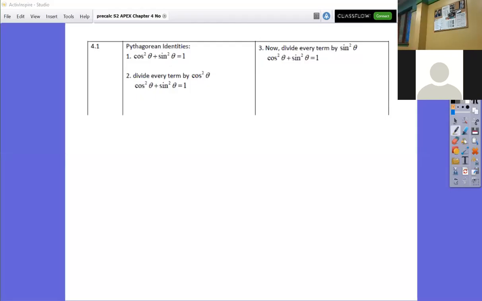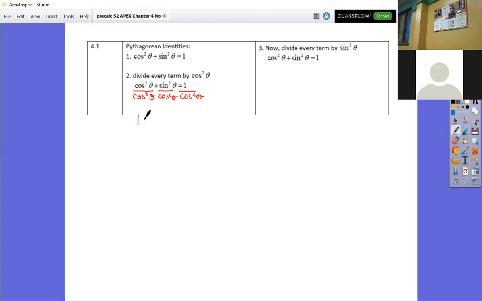All right, so our Pythagorean identity: cosine squared theta plus sine squared theta equals 1. Let's take that and divide every term by cosine squared theta. What is cosine squared theta divided by cosine squared theta? 1.